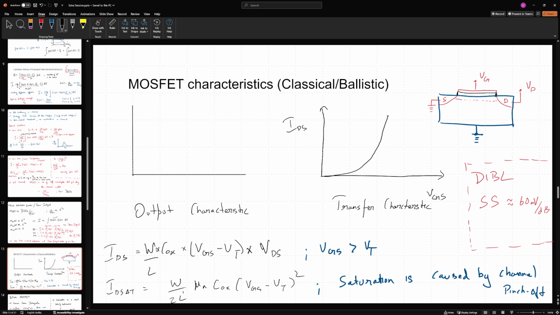I'm not talking about the ideal characteristics, I'm talking about the real characteristic, wherein I will have a linear region.